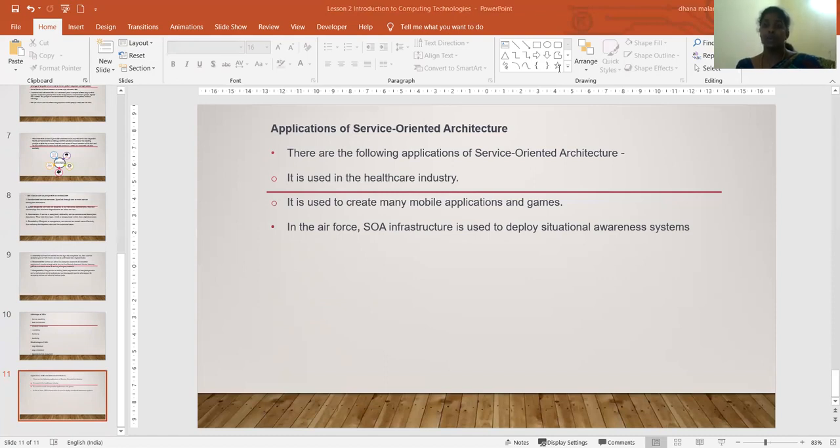This is SOA in mobile solutions. SOA infrastructure is also used by many armies and air forces to deploy situational awareness systems. SOA helps museums maintain a virtualized storage pool of their information and content.